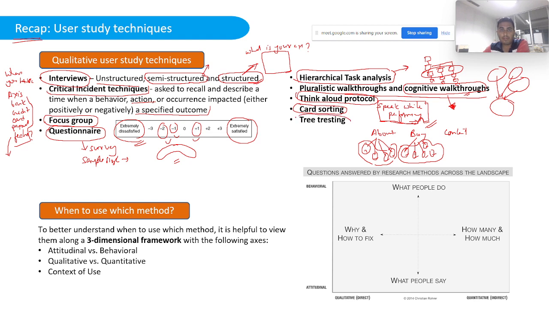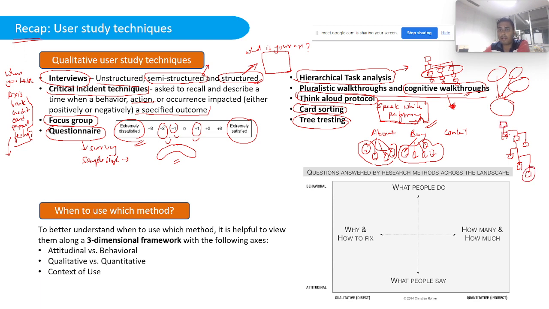Then we discussed tree testing, which is basically testing of a particular hierarchy of information. Card sorting is about building the information architecture of your website, whereas tree testing is more about evaluating whether the positioning of a particular element or label is accurate or not.